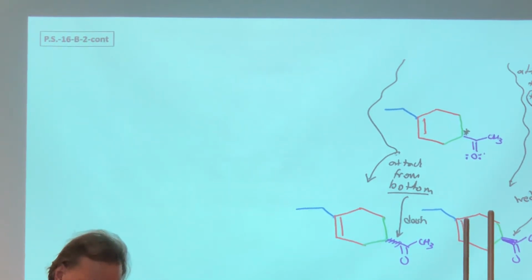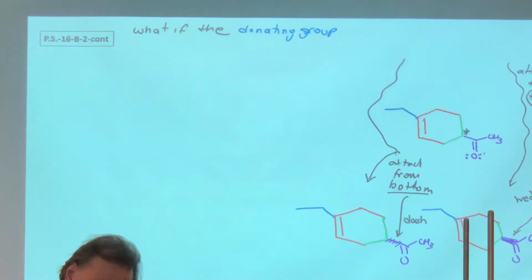What if the donating group was on position 1, 4? So this is what I'm talking about.